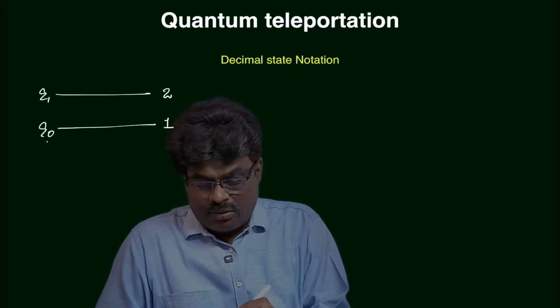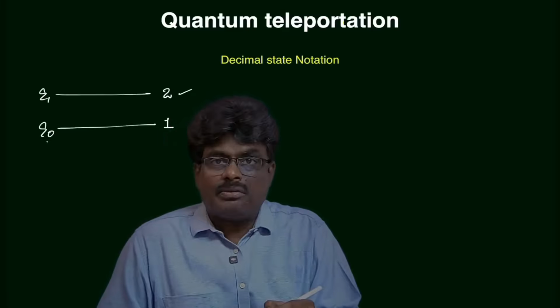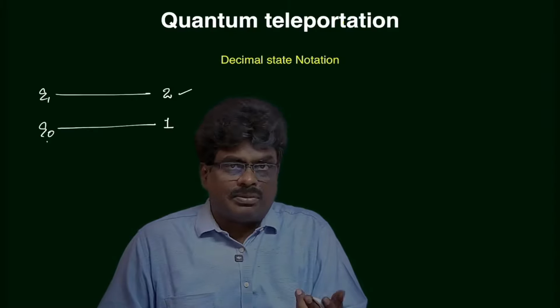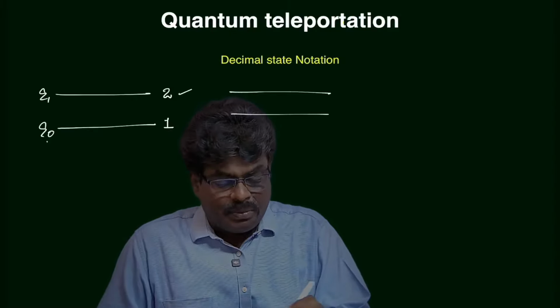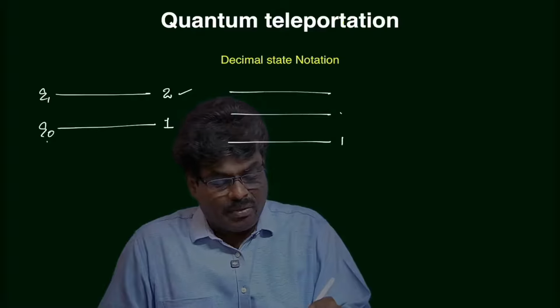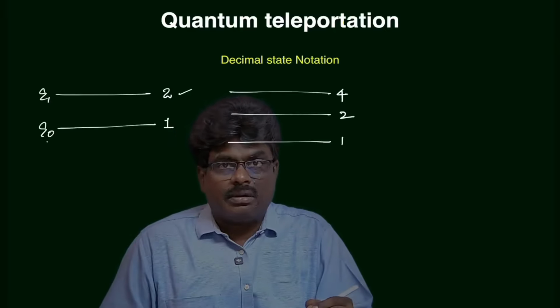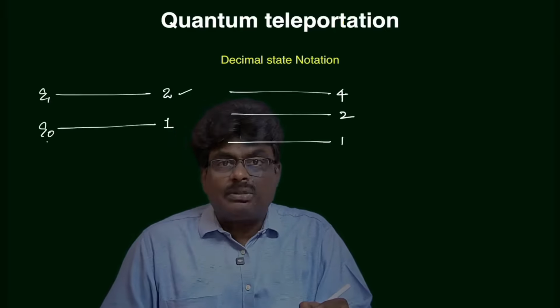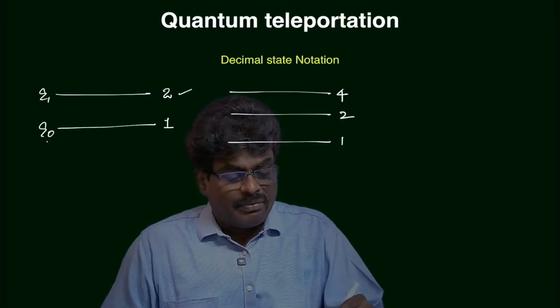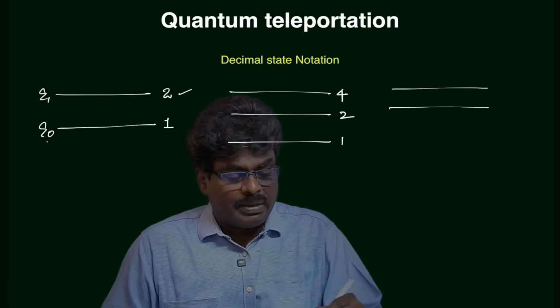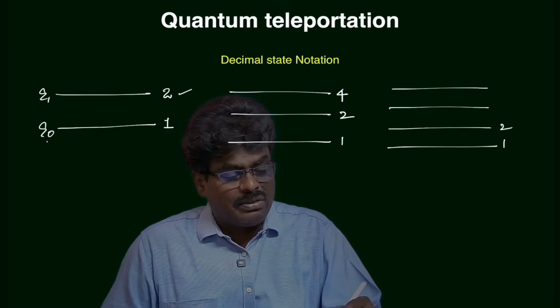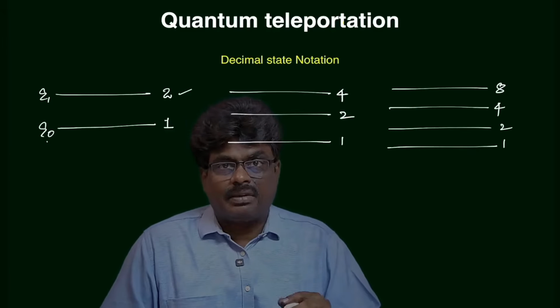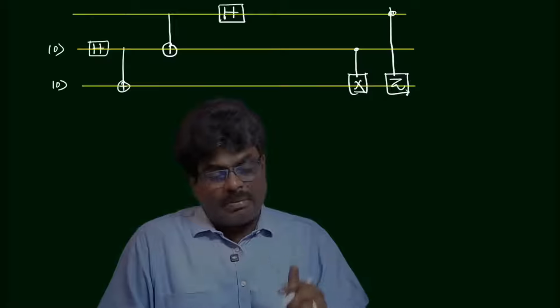So q1, if it is on, will take value 2, otherwise 0. If you have 3 qubit states, that's why 1 2 4. Actually 2 power 0, 2 power 1, 2 square, that is what I have taken. If 4 qubit states are there, you can take 1 2 4 8. Now let us come back to the circuit.